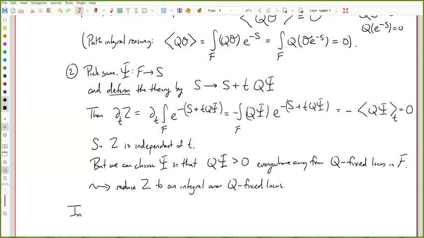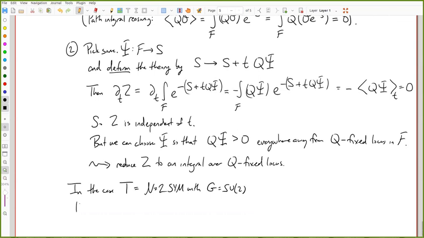What I wrote here is pretty generic; you could imagine doing it in all kinds of situations. In the case we've been studying, N equals 2 super Yang-Mills with gauge group SU(2), the Q fixed locus inside of F is equal to the instanton moduli space.